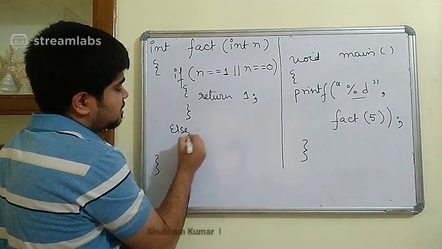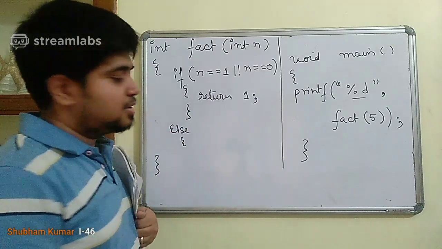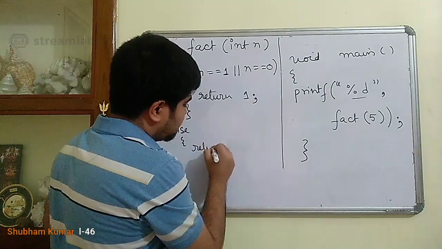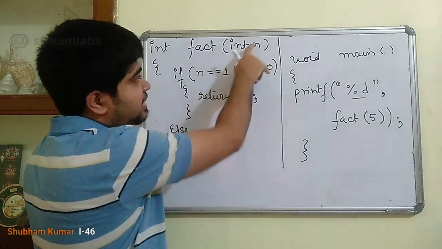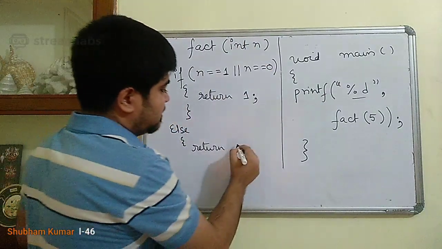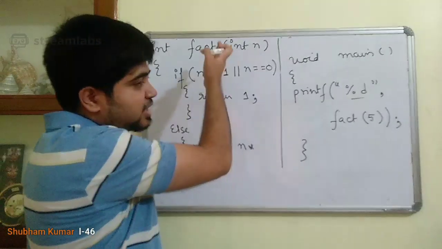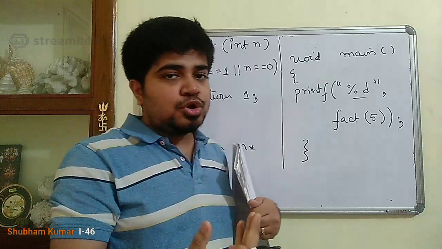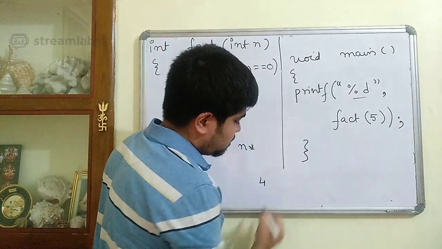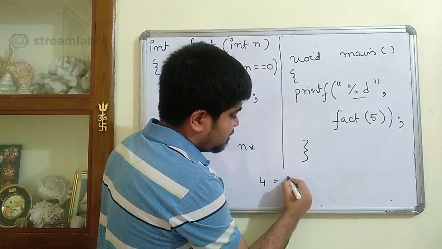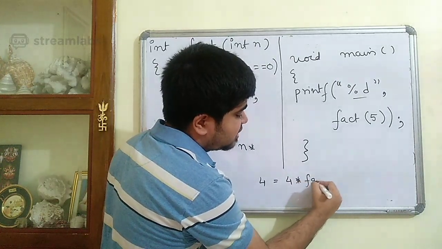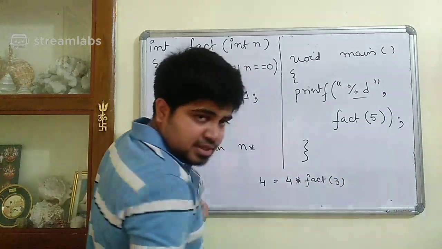Else you will return what? You will return the current number, which is n, and you will call this factorial. Say suppose 4. So 4 is actually what? 4 is actually 4 into fact of 3, right?